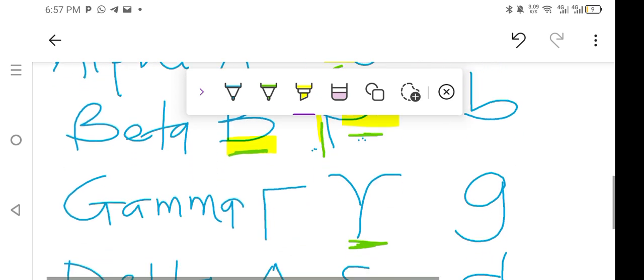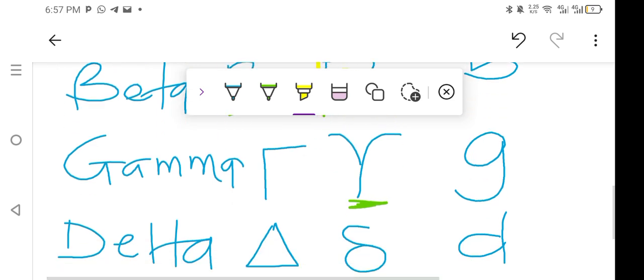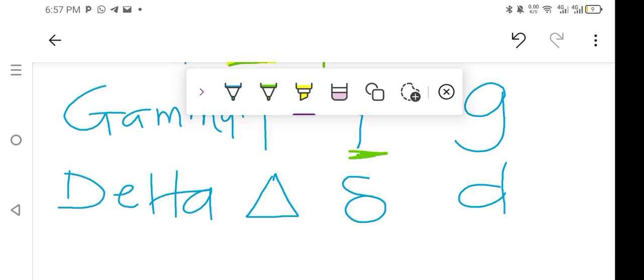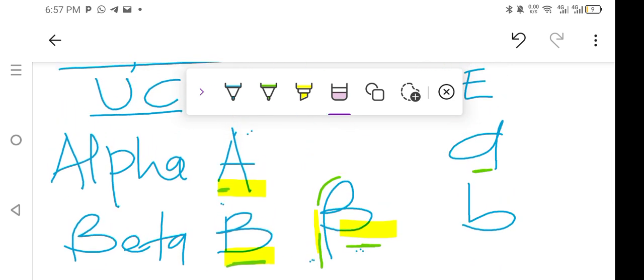And we've seen the gamma is the one that is completely different, but what looks like a lowercase Y is actually not a Y, it's a gamma. It's equivalent to the English G. And the delta, uppercase is like a small triangle. The lowercase is like an S, but with a completed circle at the back of it. All right. So far, these are the four letters that we have covered.